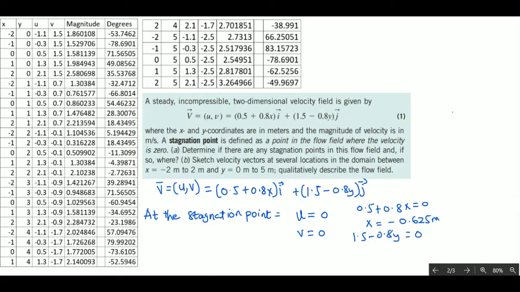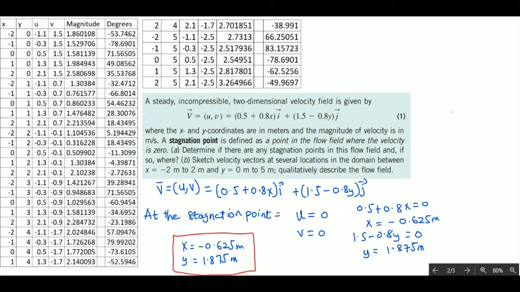When you solve for this, you get y equal to 1.875 meters. So we can locate the stagnation point at x equals minus 0.625 meters and y equals 1.875 meters. So now we know that there's a stagnation point and we can locate it using this coordinate. That's for part A.